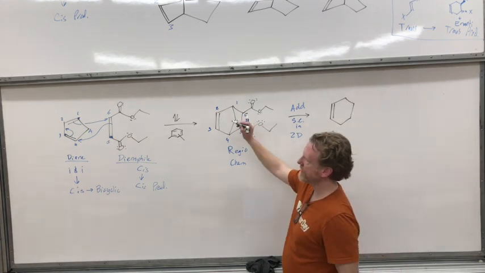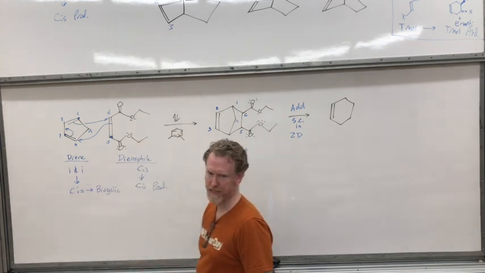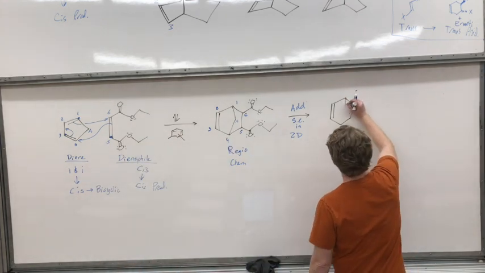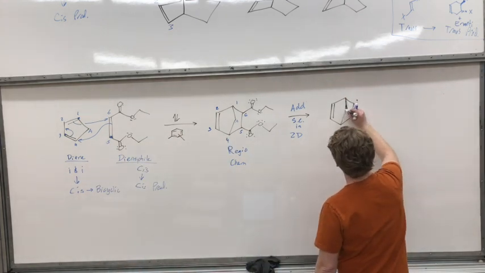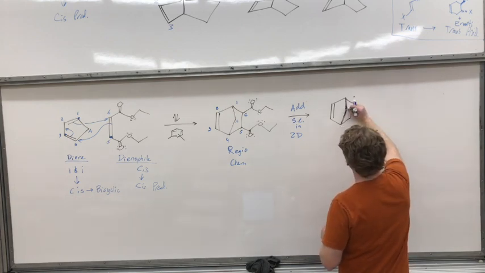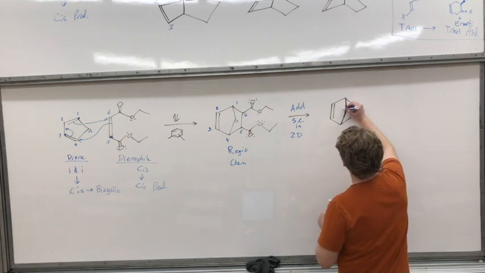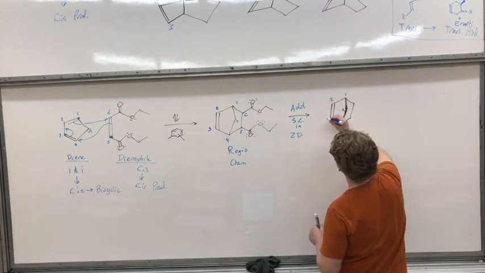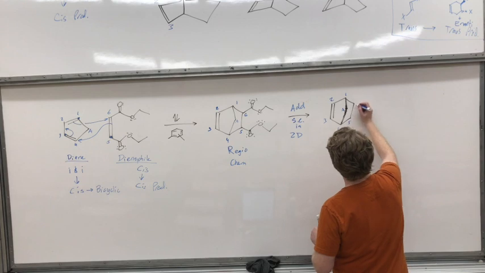Since the A groups are both inside, so cis, I'll go ahead and wedge it. So that's A. 1, 2, 3, 4, 5, 6.